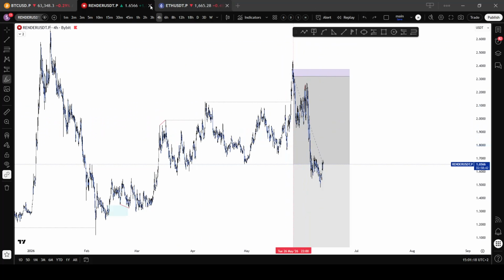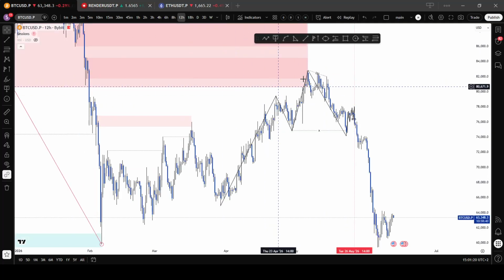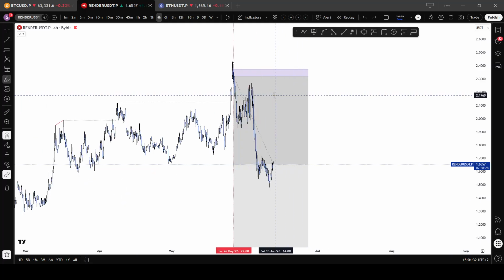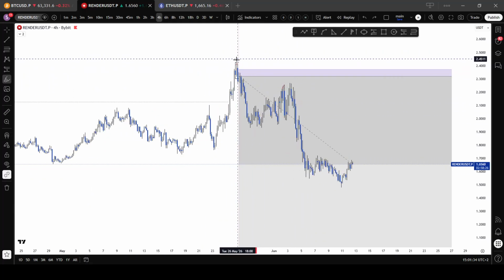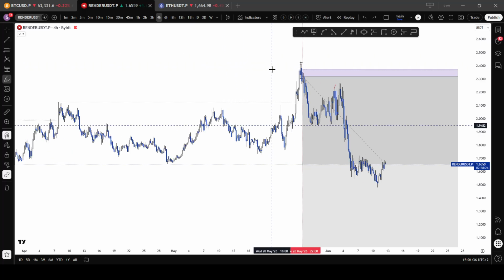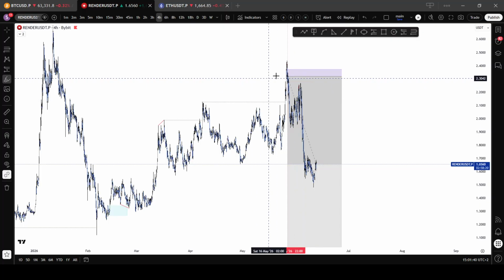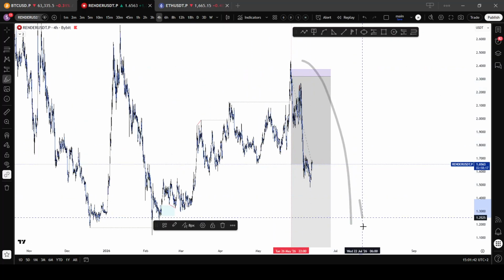However, because I knew where Bitcoin was contextually speaking, I'm going to go over it in a second, I knew that this was more or less a fake out to trap breakout traders, to induce them that we're going higher. However, market makers are just using this move to fuel more of the shorts and then dump price lower.